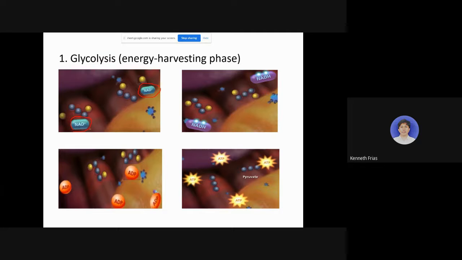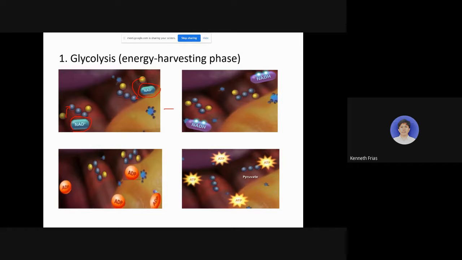The NAD will interact with these two molecules, and with its help they will attach an additional phosphate at the ends of the molecule. So this one will attach here. And in the process, they will lose electrons. This process is called oxidation because the molecules lose electrons.